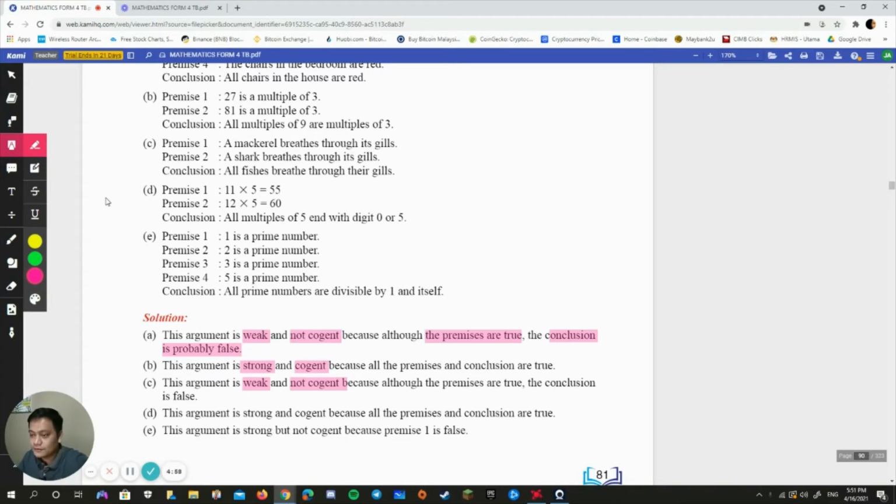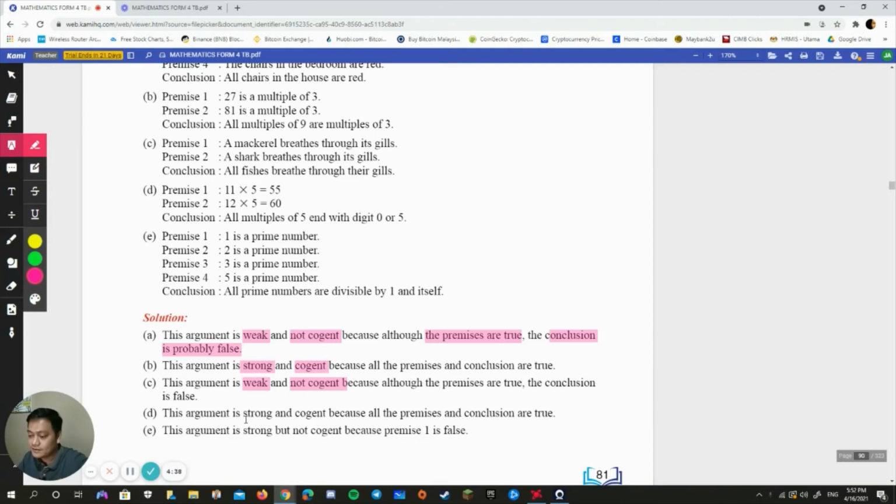And now you refer to example D. Given premise 1, 11 times 5 equals 55. Premise 2, 12 times 5 equals 60. And then you are given the conclusion, all multiples of 5 end with digit 0 or 5.